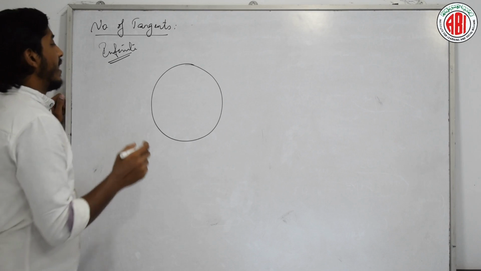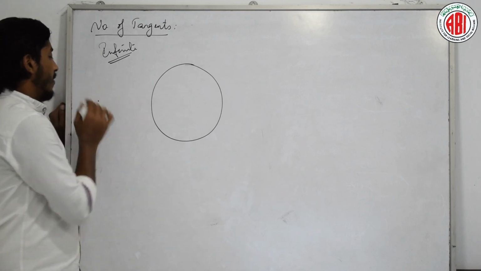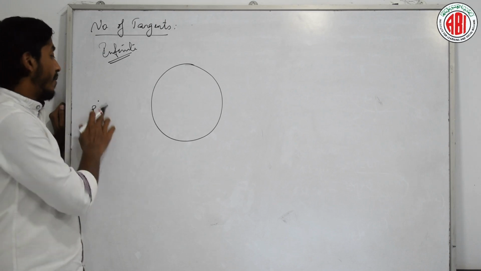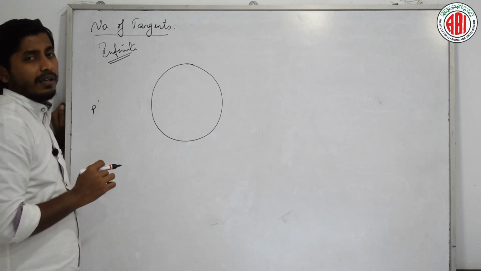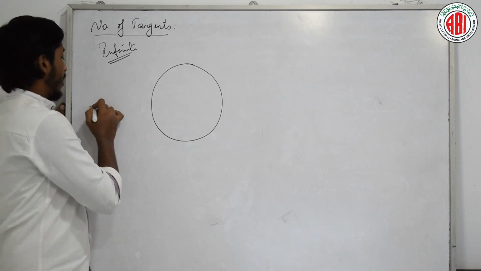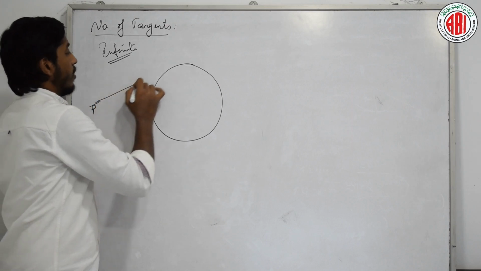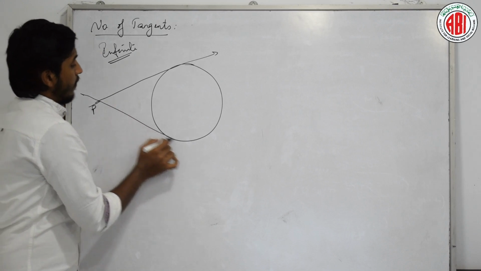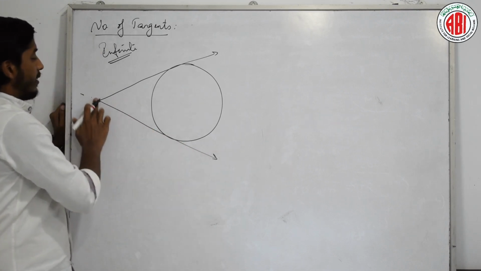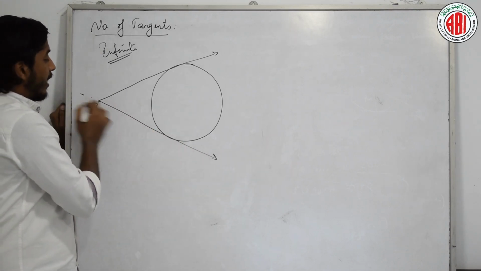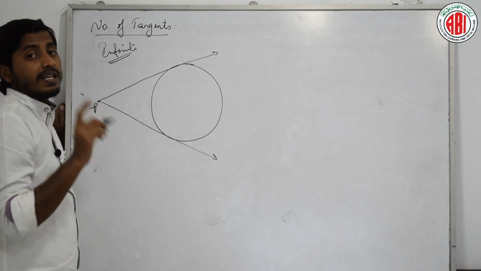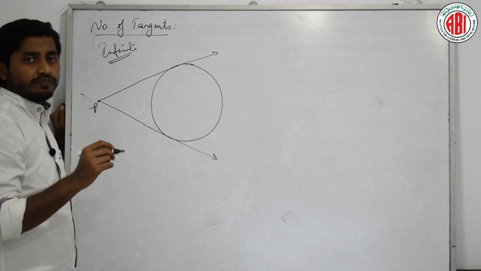Okay? First condition is, if I have only one external point, how many tangents can I draw from this point? Tell me. How many tangents? 2 tangents. This is one and this is one more tangent. Is it right? Therefore, I can draw 2 tangents from a fixed external point.